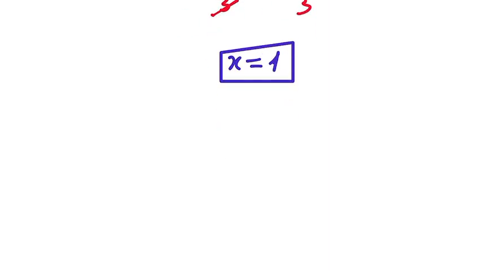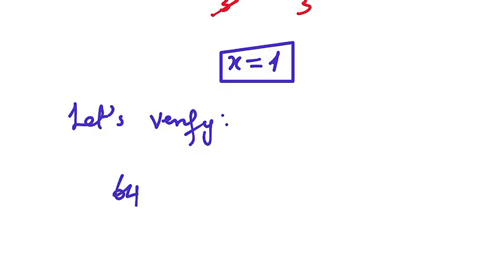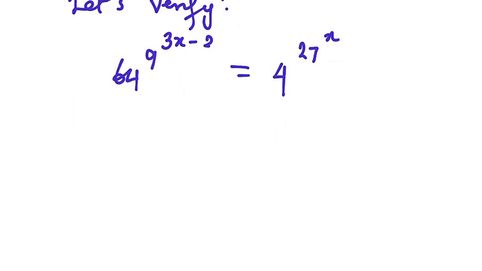All right, now let's see how we can check. So let's verify our result. We are given the equation 64 to the power of 9, then to the power of 3x minus 2 equals 4 to the power of 27 to the power of x. Now, when x equals 1, let's plug in the value of x into the equation we have.